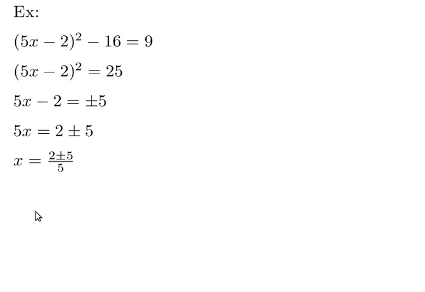Now this can be separated into two different fractions that have the same denominator. 2 fifths plus or minus 5 fifths, and then 5 fifths is going to be 1, so this will be 2 fifths plus or minus 1. Okay, so we're not quite done yet though, because we have a rational number plus or minus a rational number. We need to go ahead and separate that out.